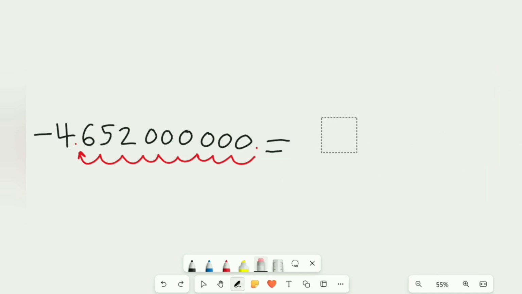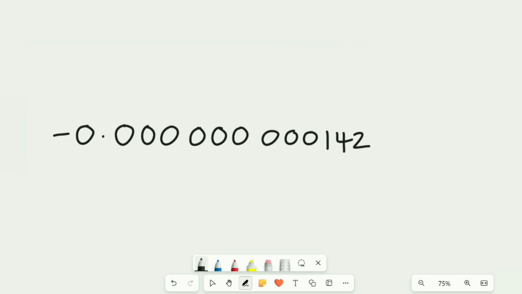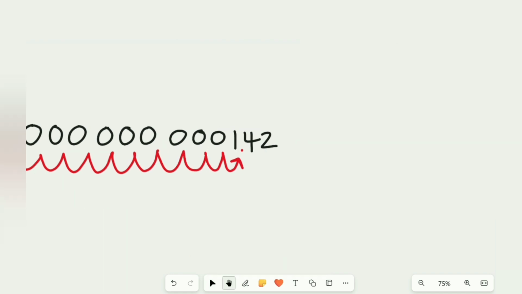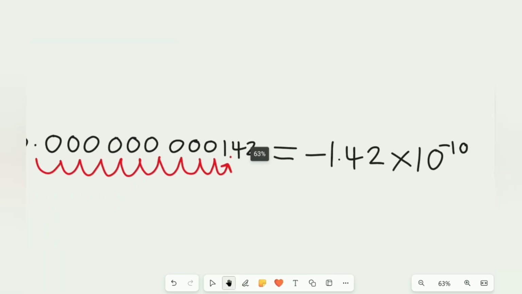Finally, let's say we want to write negative 0.0000000000142 in scientific notation. In this case, we move the decimal point by 10 places to the right as shown. Therefore, the answer is negative 1.42 times 10 to the power of negative 10.